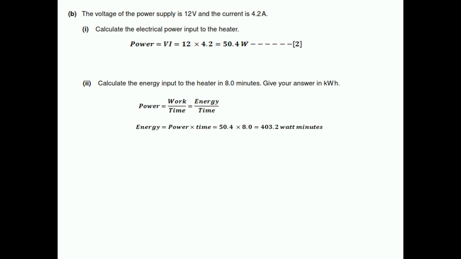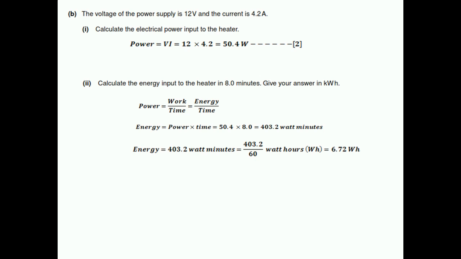In part 1 the power is 50.4 watt and the time is 8 minutes. When we multiply, we get 403.2 watt minutes. I will not write in seconds because I am not converting minutes into seconds or into hours yet. In the next step, I will convert watt minute into watt hour.